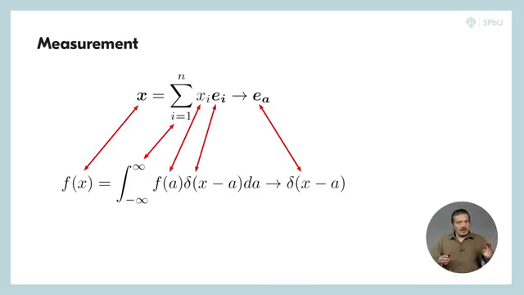Fourth, after the measurement, the wave function collapses, subjectively for us, to one of these basis states. The probability for the basis vector to be chosen by the measurement procedure is defined by the square of the coefficient before this basis vector in the initial decomposition.